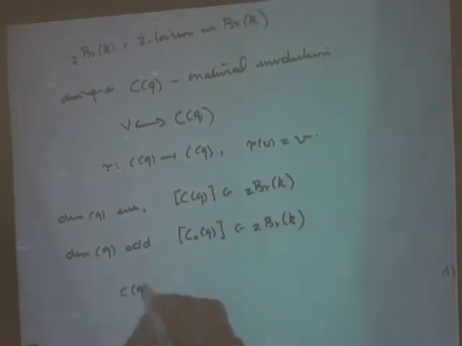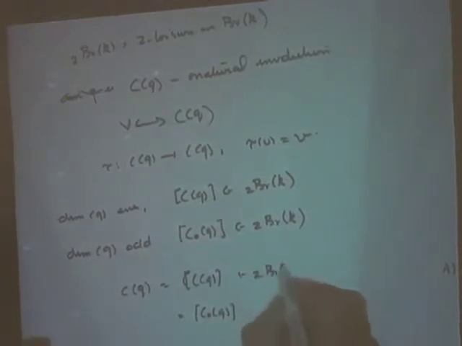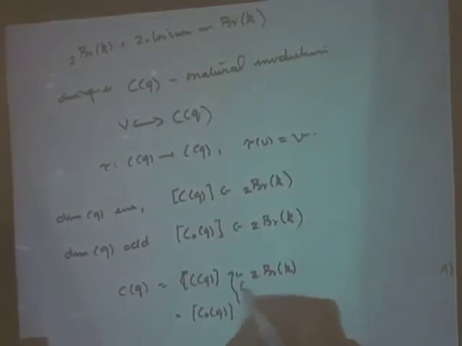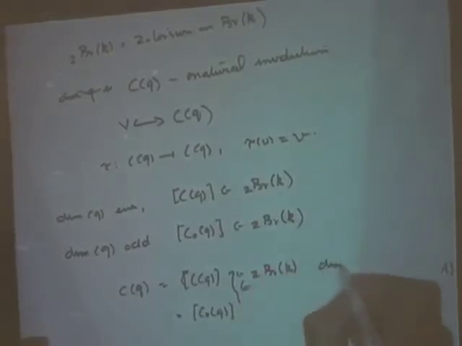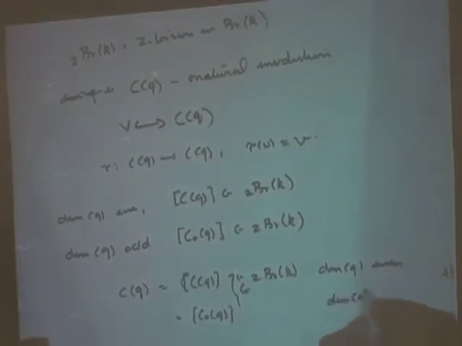We simply define c(Q) to be the class of C(Q) or the class of C0(Q) in the two torsion of the Brouwer group of K, depending on dimension of Q even and dimension of Q odd. So this gives the next invariant for quadratic forms with values in the two torsion of the Brouwer group of K.